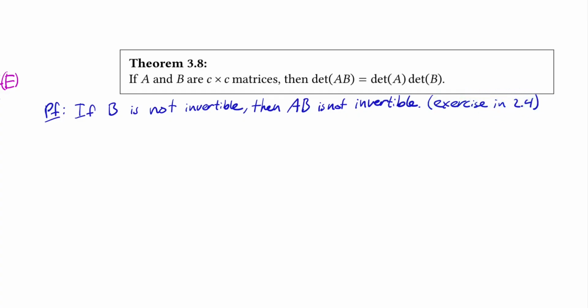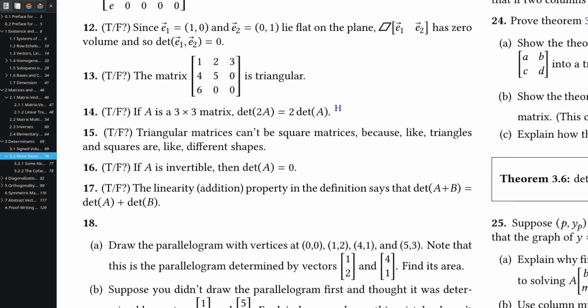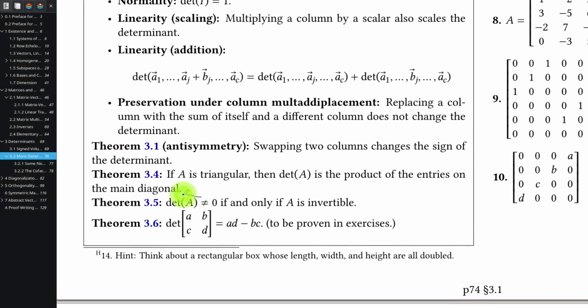So based on this fact, when B is not invertible, that means the determinant of A times the determinant of B is the determinant of A times 0, because we know the determinant of a non-invertible matrix is 0, which was Theorem 3.5 in section 3.1.